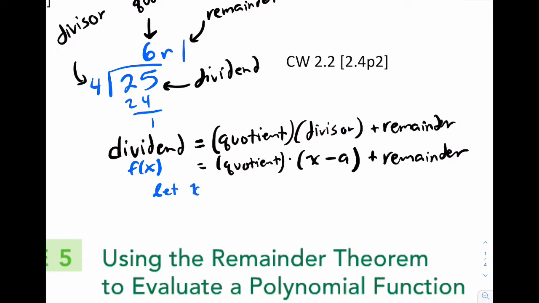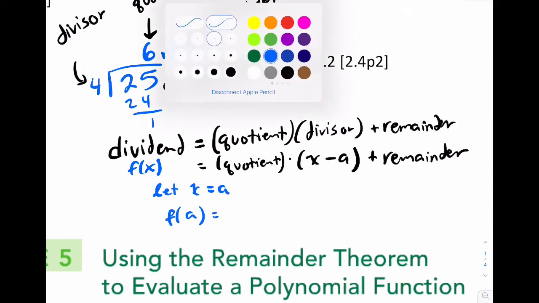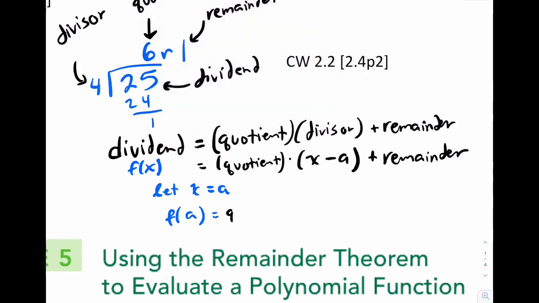Now let's see what happens if I do this. Let x equal a. I get f of a is equal to our quotient times a minus a, plus the remainder.